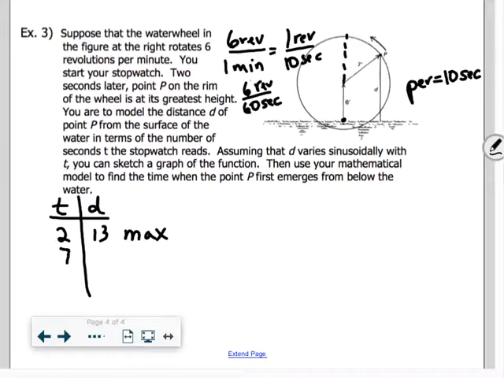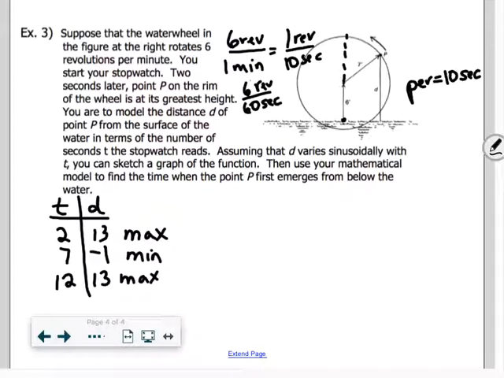So at 7 seconds, now this is a water wheel, so it does go under the water, okay? So as it's rotating, to get to the minimum, that minimum is actually at -1. It's 1 foot underneath the surface. And then if it takes 10 seconds to rotate the whole way through, at 12 seconds, it's going to be back up to the maximum.